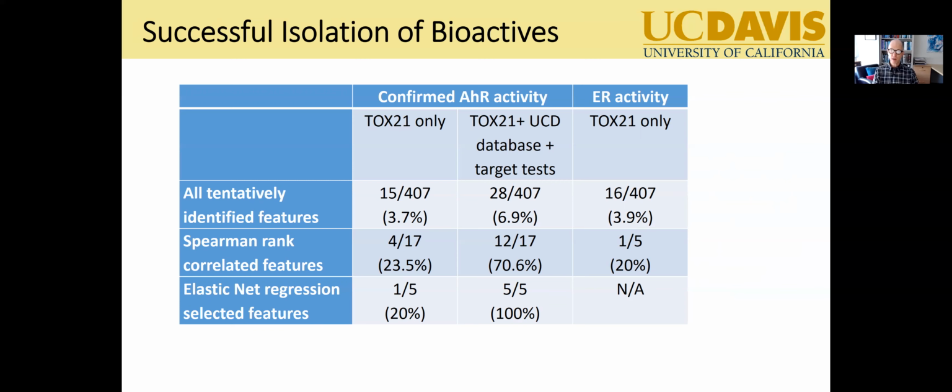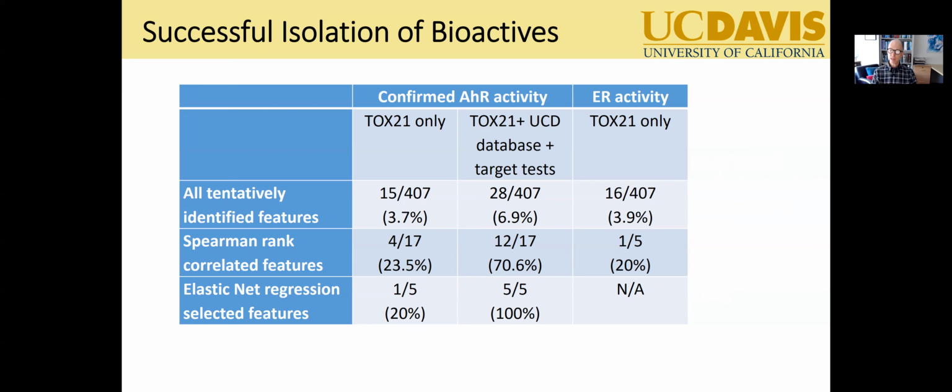So that means 23% of the correlated compounds were known to be actually active in the way that this assay is looking for. And then in ElasticNet, we found about the same performance. There were only 5 compounds returned by the ElasticNet procedure, and only 1 of those was in Tox21 as a known agonist. But the problem here is the Tox21 coverage of our 407 compounds is not that great.